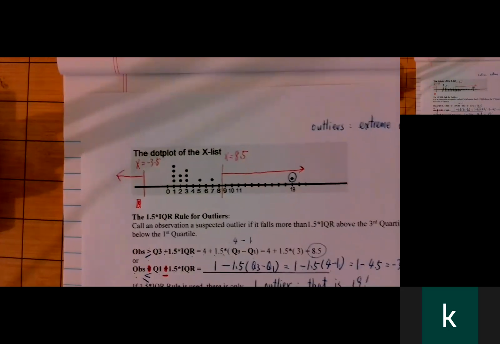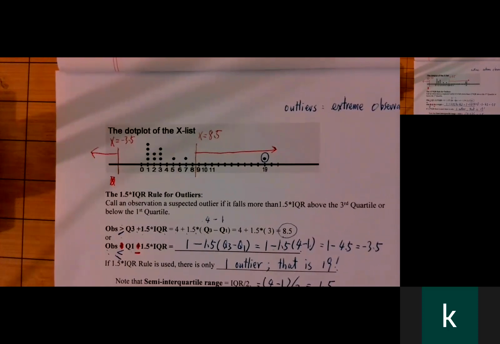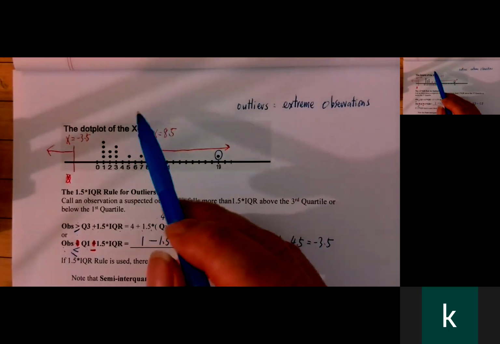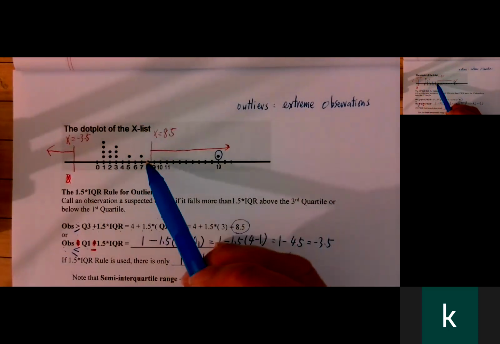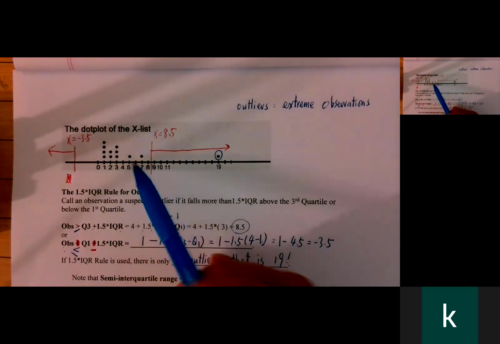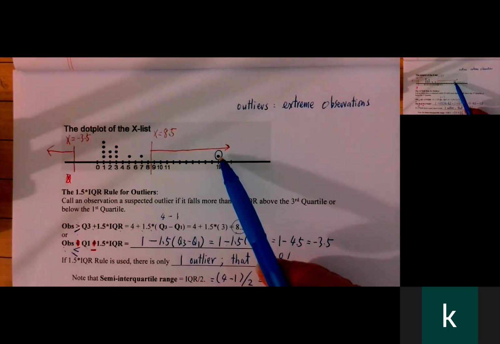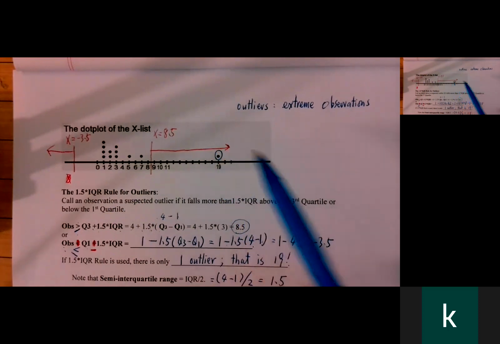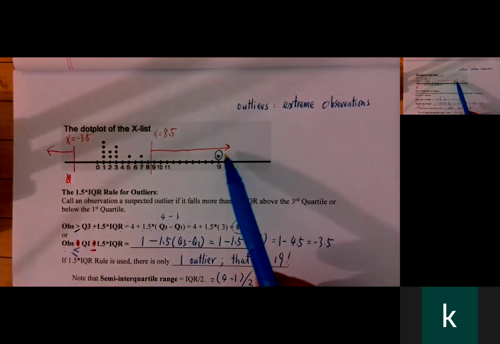Please look at the picture here. The dot plot of X distribution, okay? These are what? The overall pattern. And this one stands out. This one falls outside the overall pattern. So we suspect this number is an outlier. How can we detect if it's an outlier?